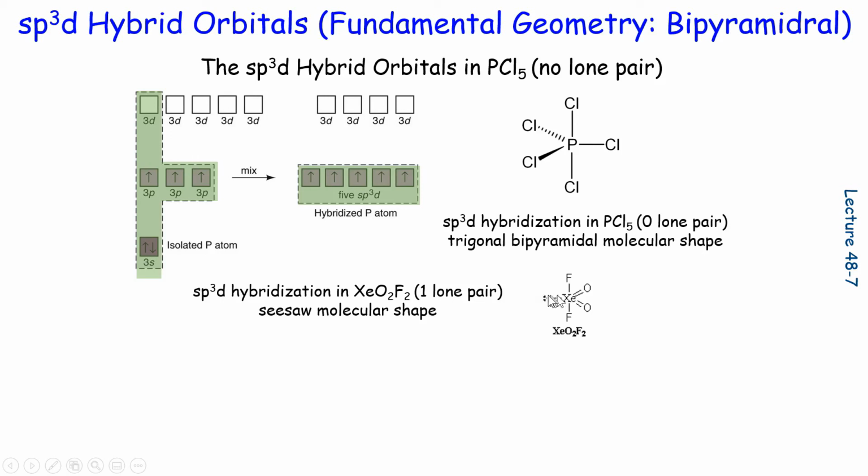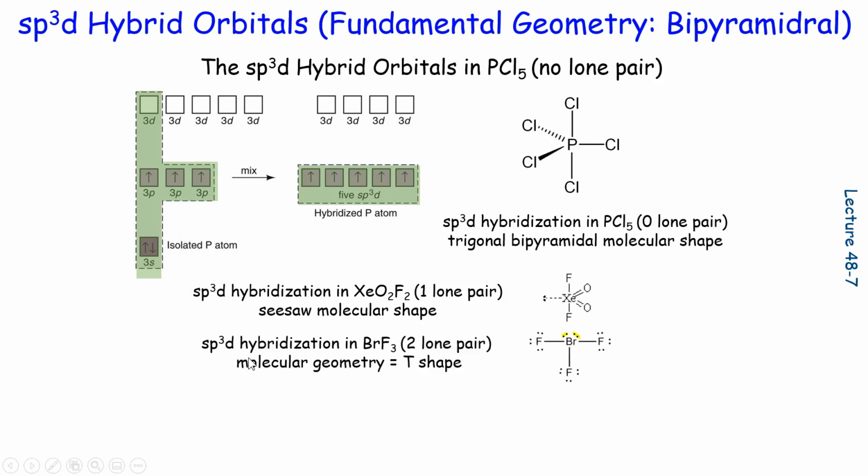So therefore, in molecular geometry, we focus on the atoms, as we already learned in previous lectures. So therefore, this molecule has a seesaw shape. The hybridization is still the same sp3d hybridization.